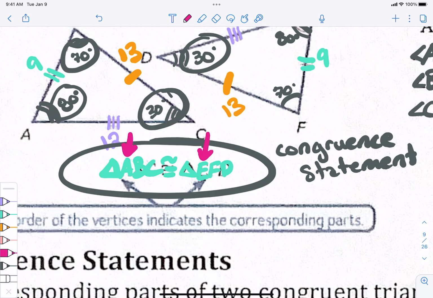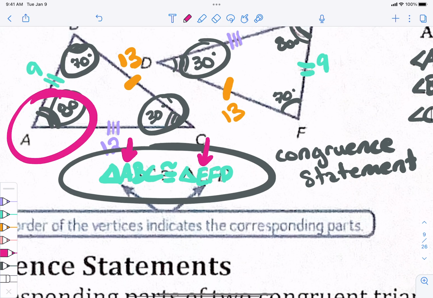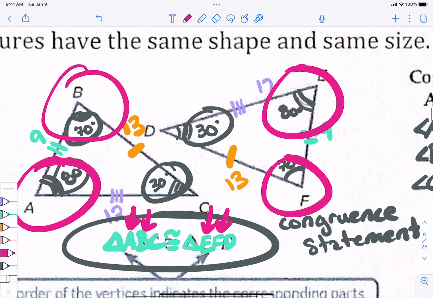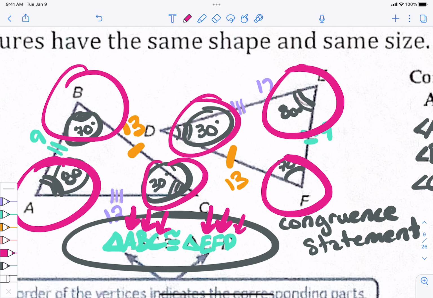A and E match up with each other, right? A matches up with E, so they put those as the first letters. B matches up with F, because those are the second letters that we have. So B matches F. Yep, that's true. C matches D. Yep, that's true. So the order in which they put them in tells which one matches with which other one. Does that make sense? Okay.